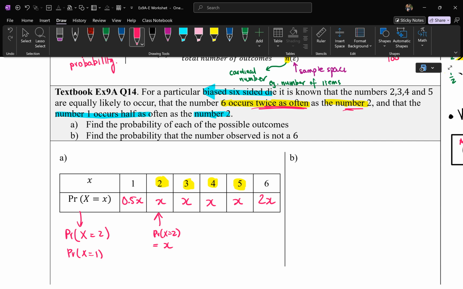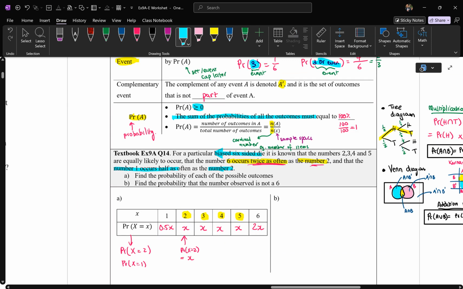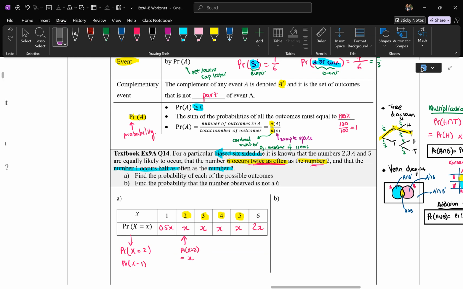But now if that's all the possible outcomes, you roll a dice, you get 1, 2, 3, 4, 5, 6. These are the chances, but we know our properties from probability that the sum of all probabilities must add up to 1. So if you add all the probabilities, it should be 100%.